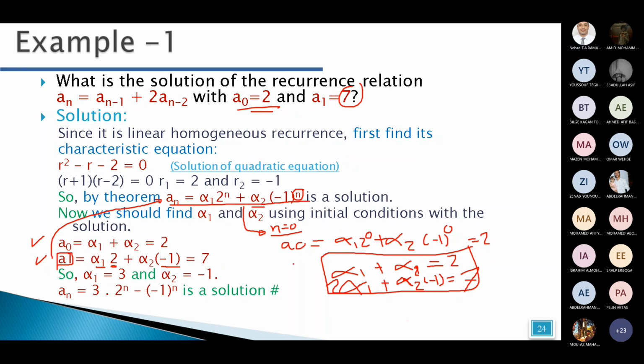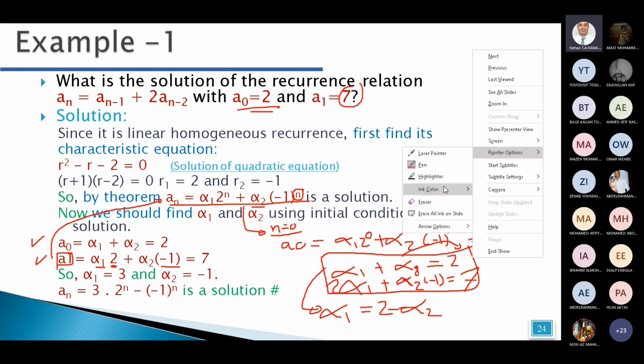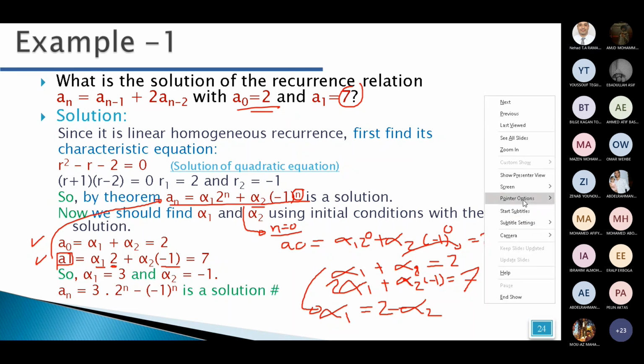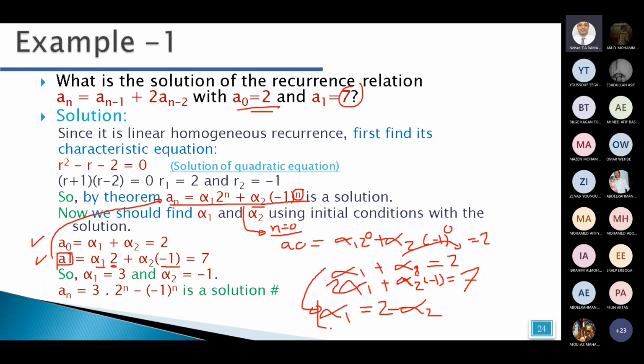How to solve it? From the first one, you can write alpha 1 equals 2 minus alpha 2. We send this to the other side, so plus becomes minus. Okay, let me clear the screen. Instead of alpha 1 here, put alpha 2.